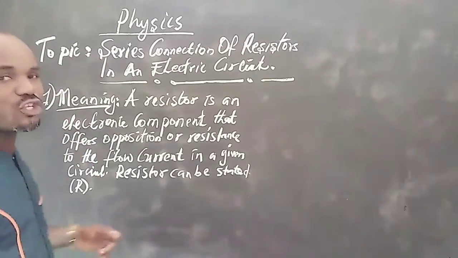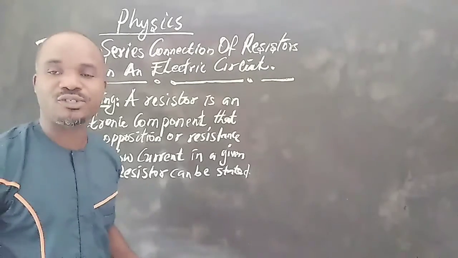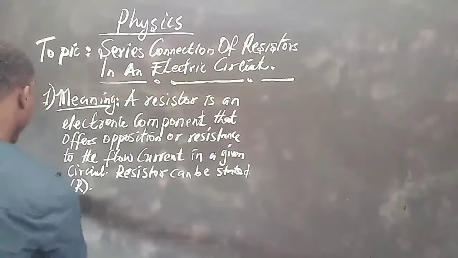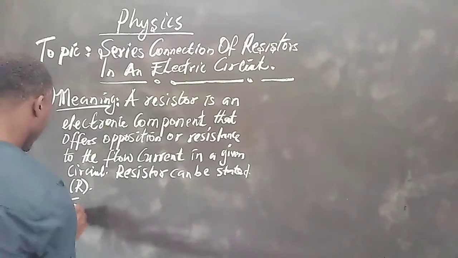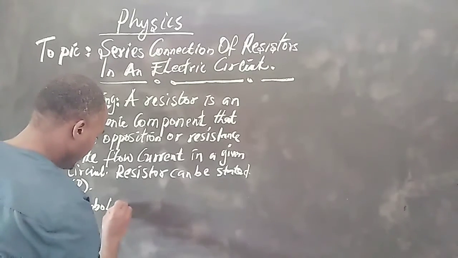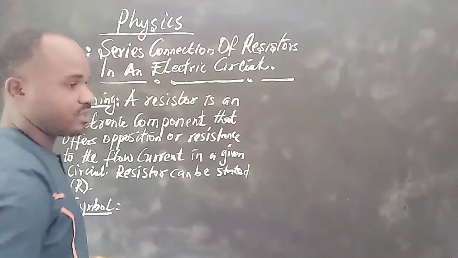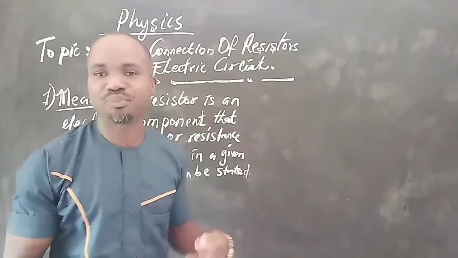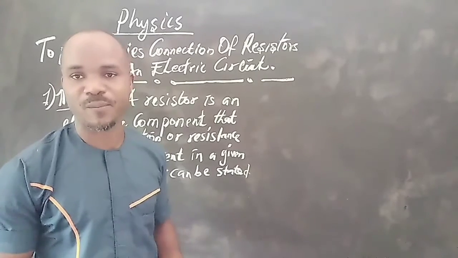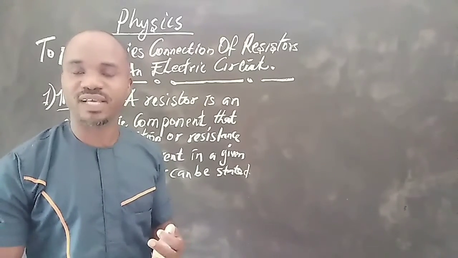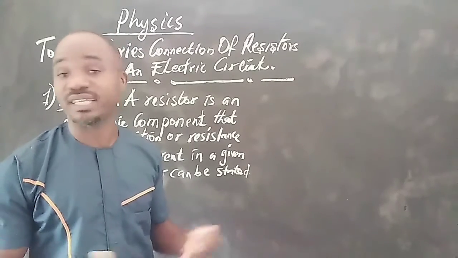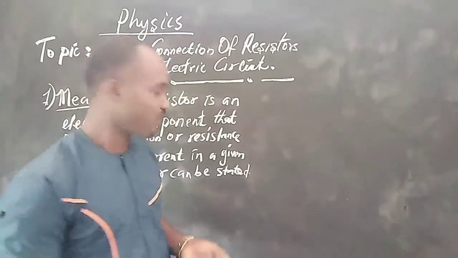All right, then we need to consider another thing here. Having known the meaning of a resistor, we need to know the symbol of a resistor. There are about 3 prominent symbols that represent a resistor. One is used by the United States of America, and the other one is used by the United Kingdom, or Britain.